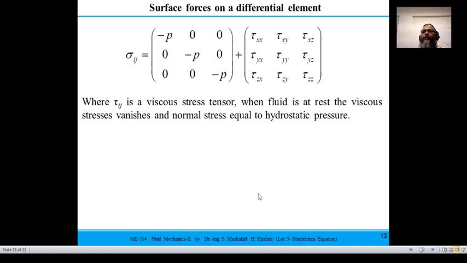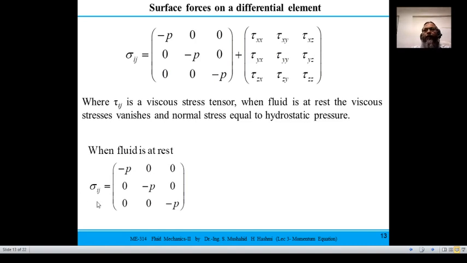If we see here this viscous stress tensor, when the fluid is at rest, the shear stresses are 0. We have already learned that the definition for the fluid which is at rest would be when the shear stress is 0. So if all these components are 0, it means we can say the fluid is at rest. Only the pressure is acting onto the fluid element. So there is no shear stress tensor present.